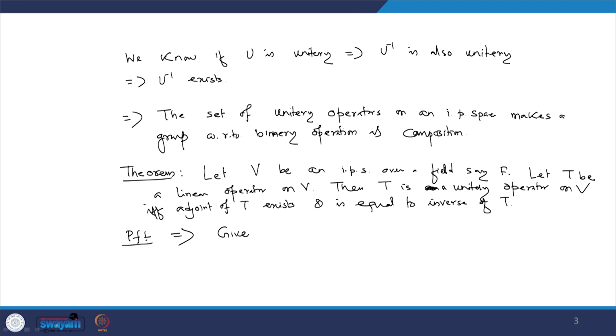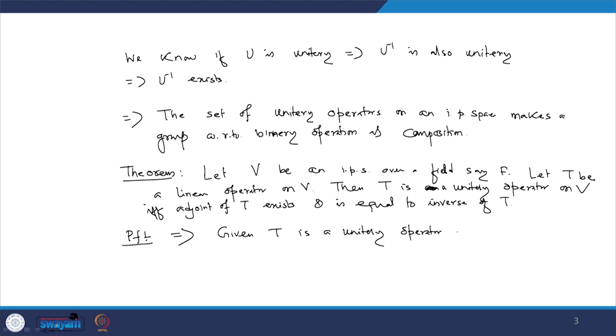Given T is a unitary operator, it means T is an isomorphism which preserves the inner product.